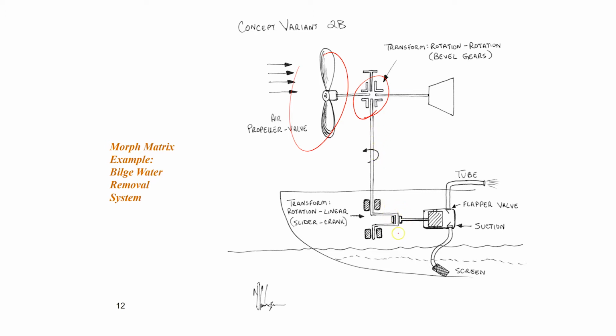Then down in the boat, the pump itself includes a crankshaft that converts the rotary motion into linear motion, and that drives a reciprocating pump, which, as you can see here, sucks water in through here, and you can see the suction valve there, and then it flows out through the discharge valve.